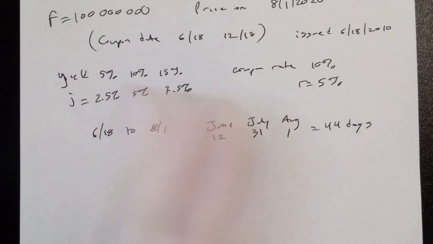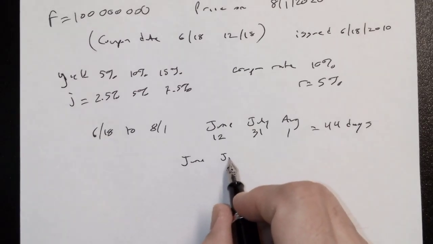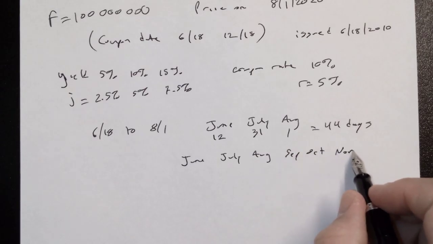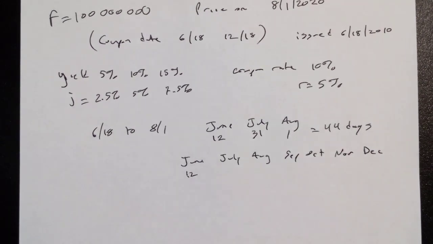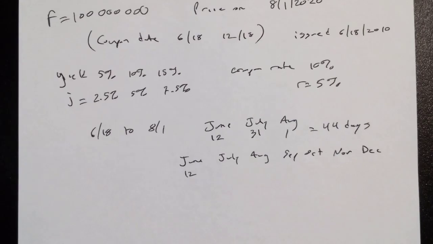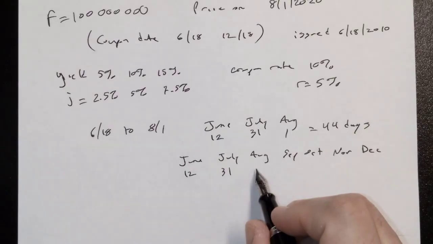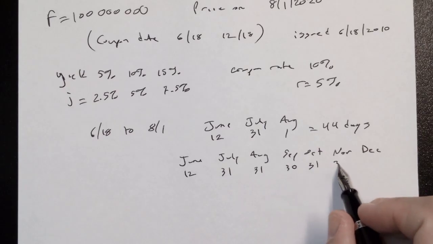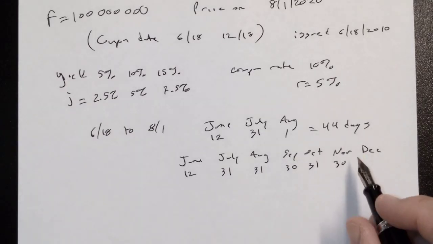To get to December 18th, which would be the end of my coupon period, I'm going to have, again, 12 days in June. All right, 31 in July, 31 in August, 30 in September, 31 in October, 30 in November, and December, the payment is on the 18th.